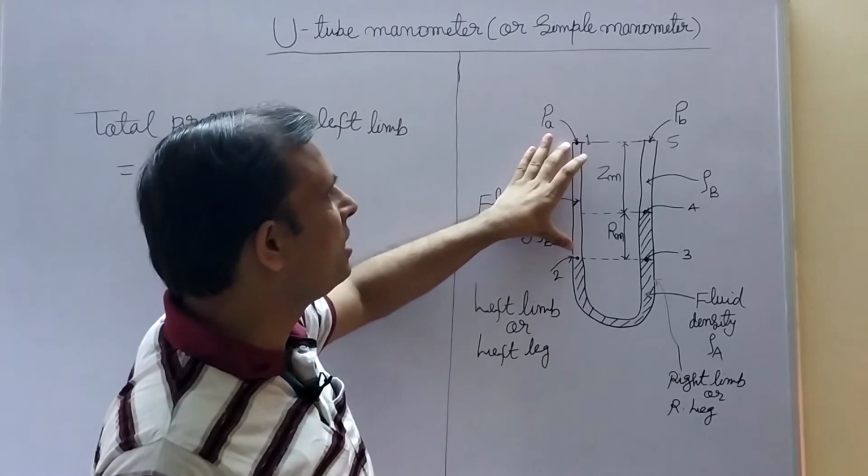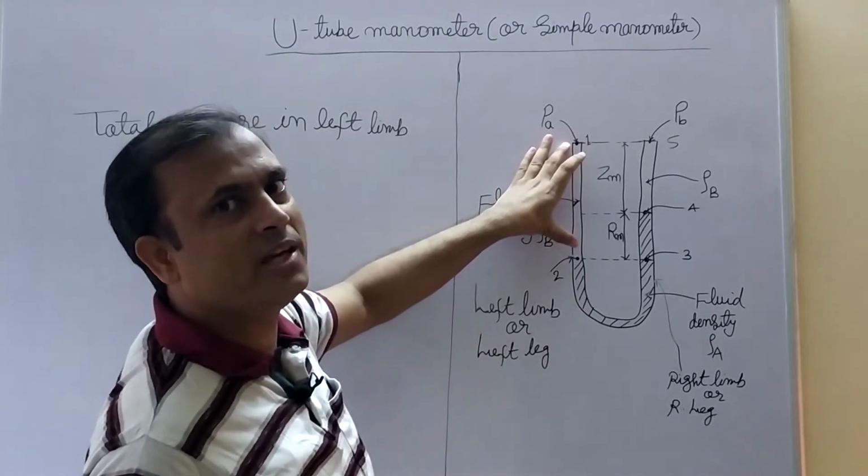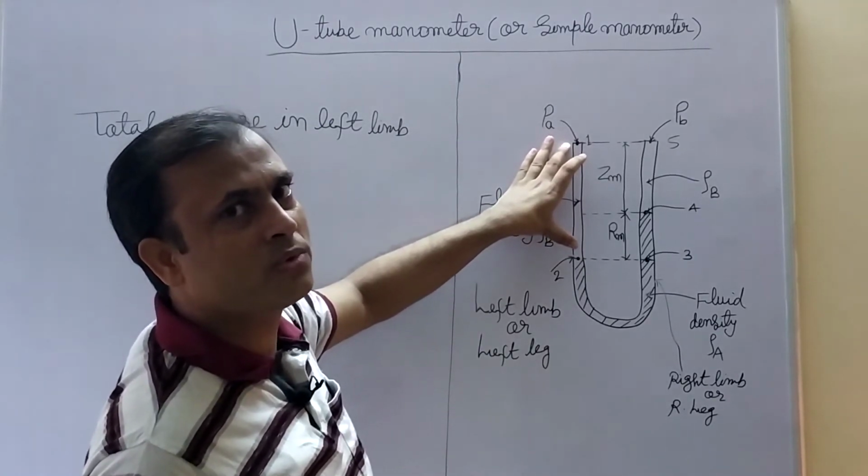You know the relation between pressure and height: P equals rho g h. So we will use that formula, rho g h.